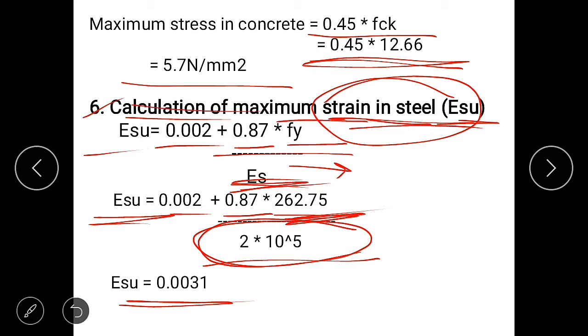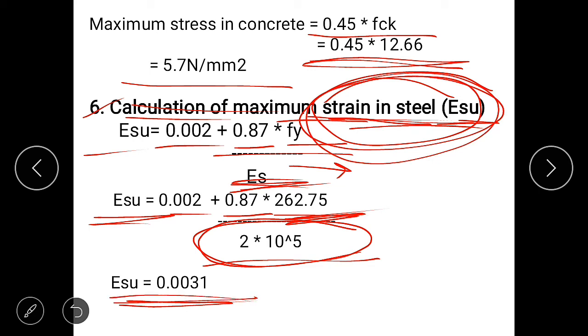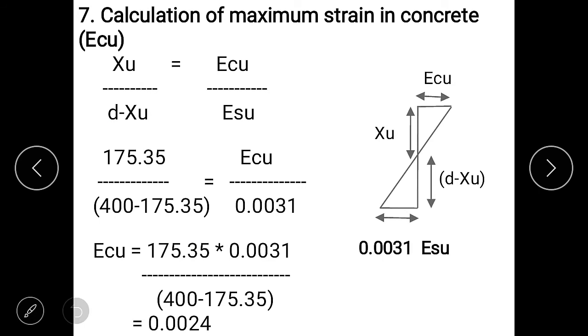So calculation of maximum strain in steel. Strain in steel is 0.0031. This is for steel, strain in steel. Now we have to calculate here maximum strain in concrete, epsilon cu.